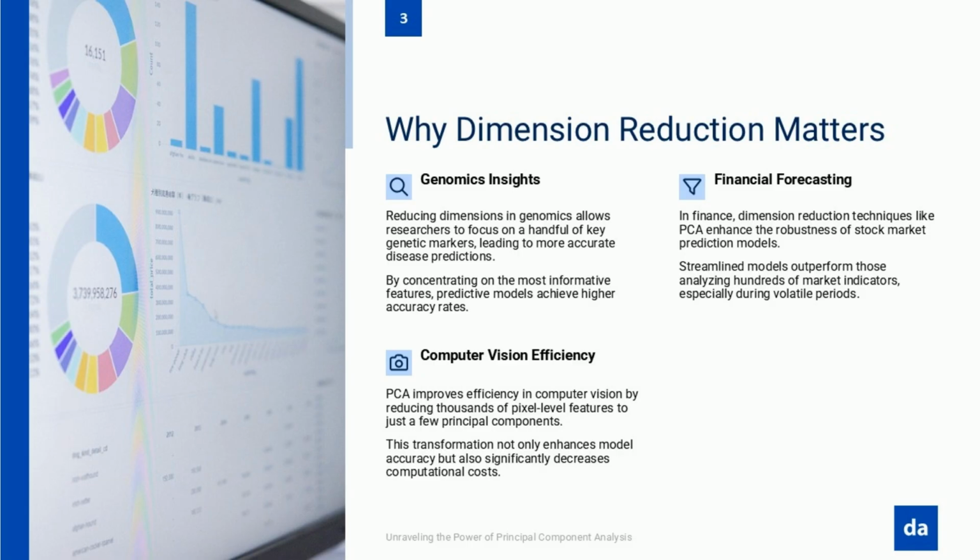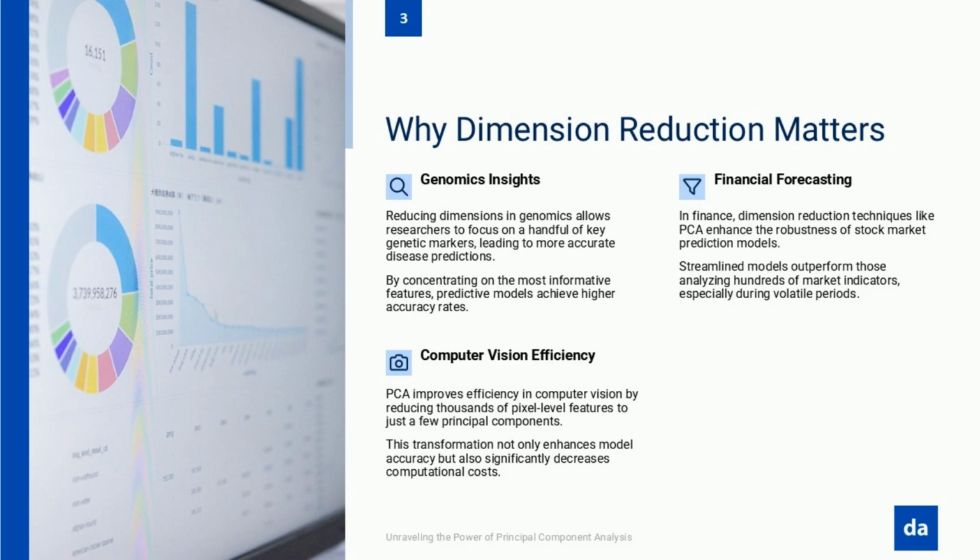By reducing dimensions and concentrating on the most informative features, researchers achieve higher accuracy rates in identifying genetic markers associated with specific diseases. The finance sector tells a similar story. Models analyzing hundreds of market indicators consistently underperform compared to their streamlined counterparts.